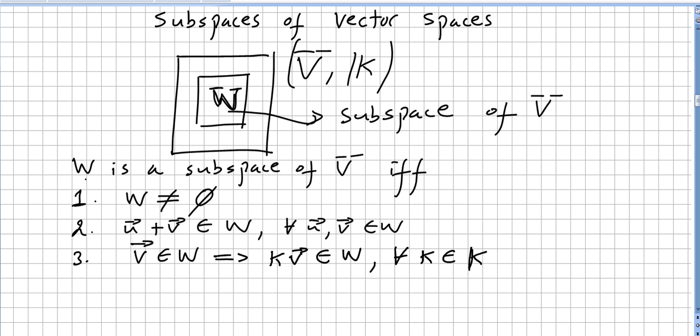So W is a subspace of V if and only if, first, W is non-empty. We have other ways to say this, but I'm going to say it quickly in this way.